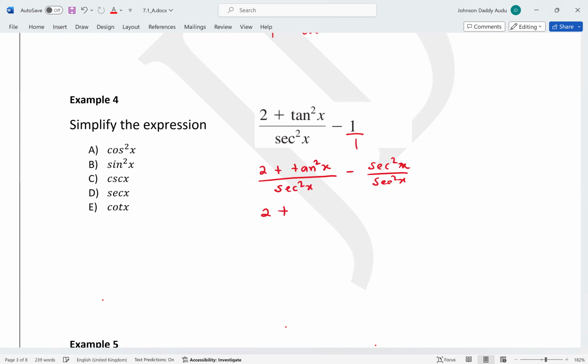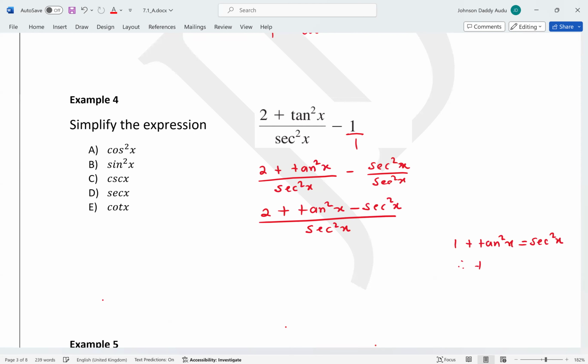So this will become 2 plus tan squared x minus sec squared x over sec squared x. But in one of the identities, we know that 1 plus tan squared x is equal to sec squared x. We know this, right? So what does that mean?